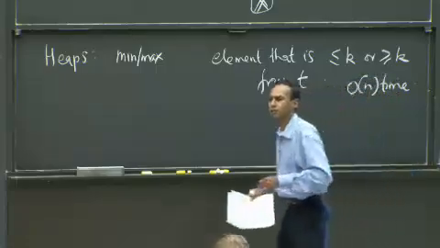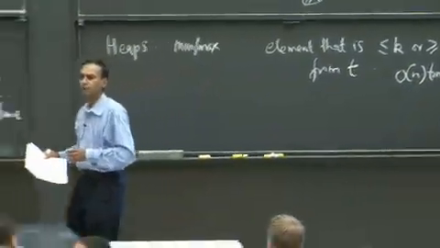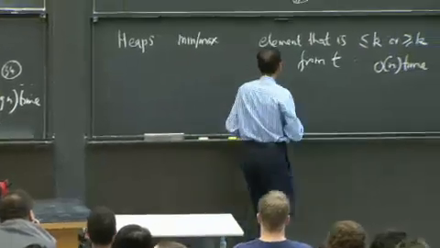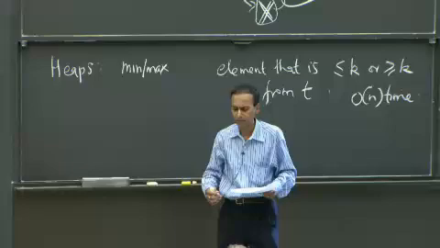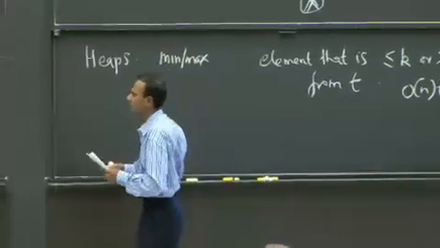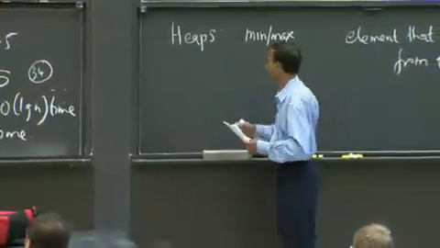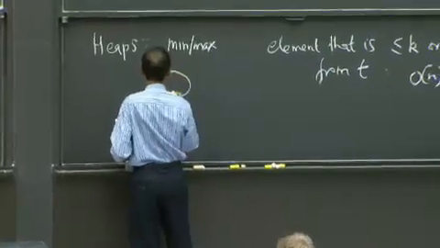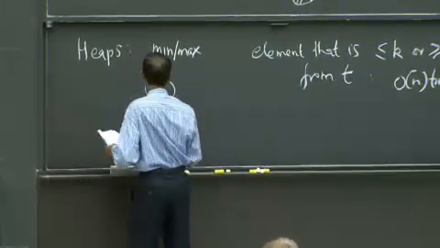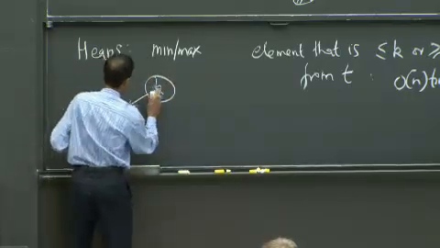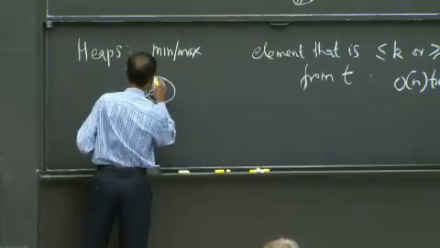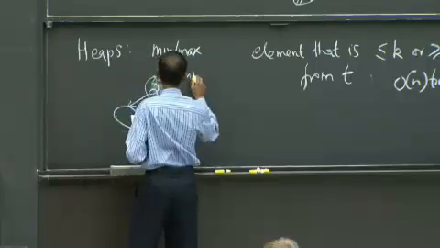Yeah, back there, question. So, what is a heap? A min heap, for example, or we talked about max heaps last time, has the property that you have an element k, let's say it's 21. Let's do min heaps.